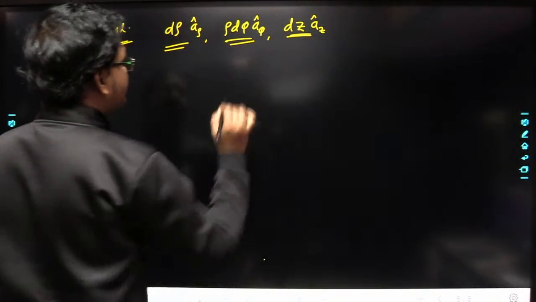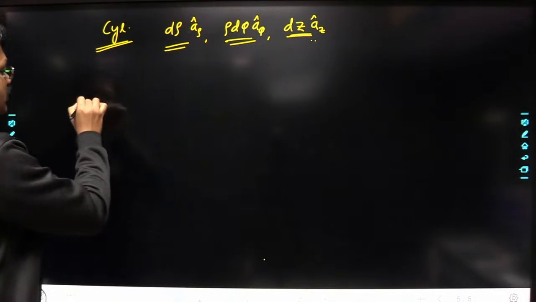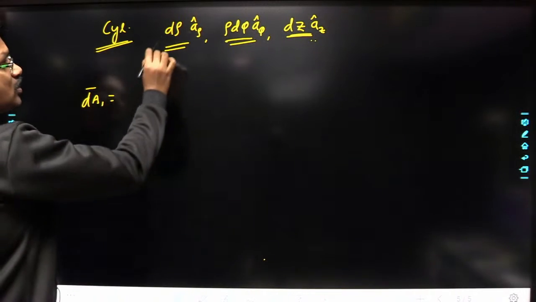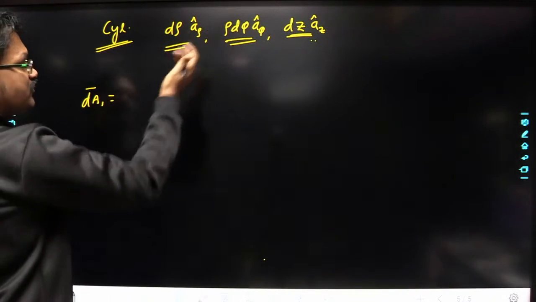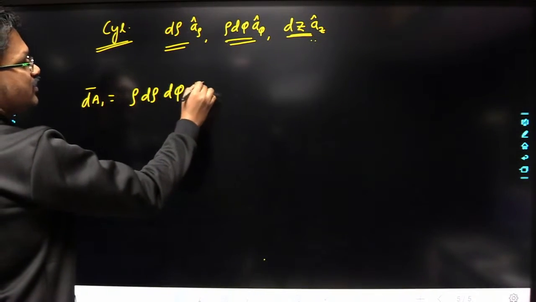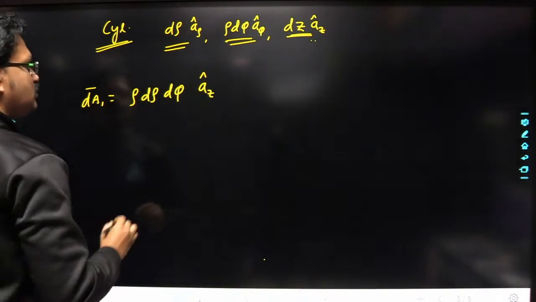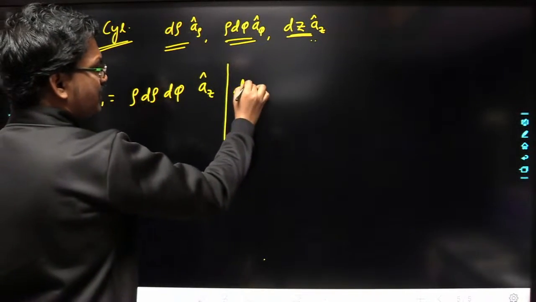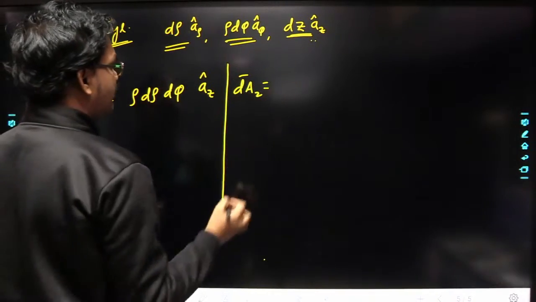Now what are the differential areas we got here? dA1 bar is equal to what? We have done the cross product between these two. What we got? Rho d phi dz az cap. In the previous session I have done all these things, how we got these differential areas.